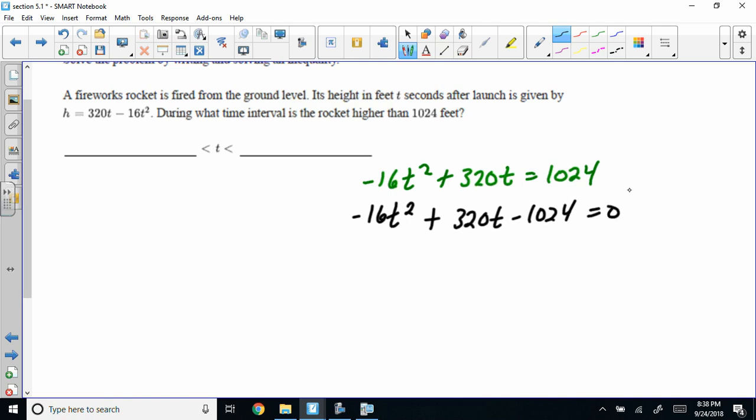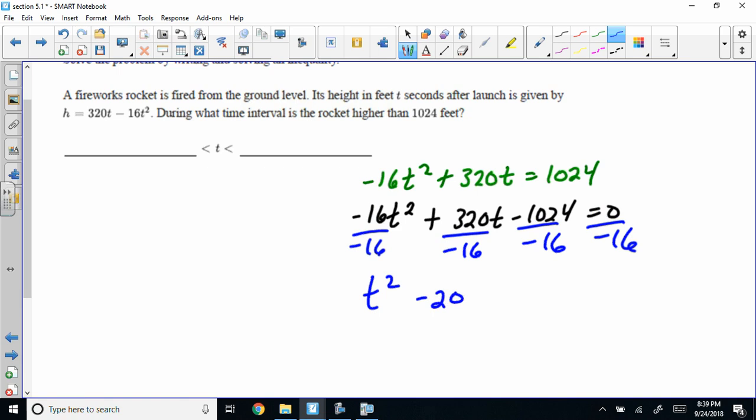And then I'm going to do this. See if y'all agree with this. So if I divide everything by negative 16, I get t squared minus 20t plus 64 equals 0.